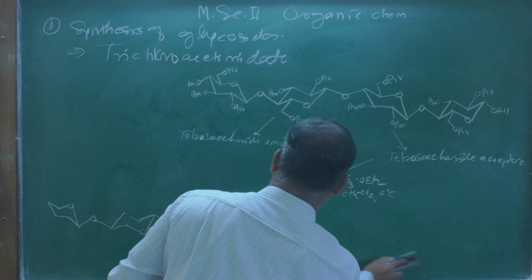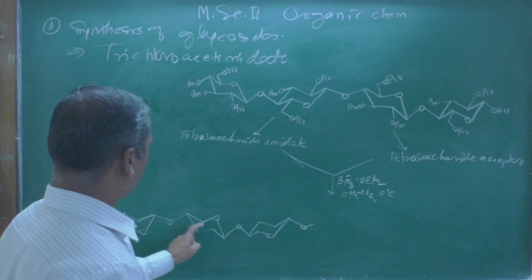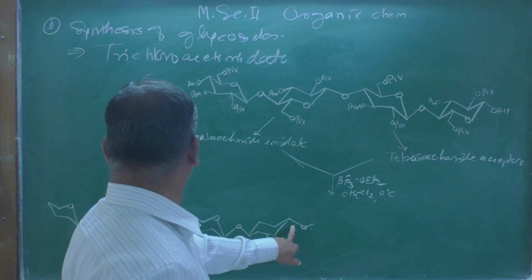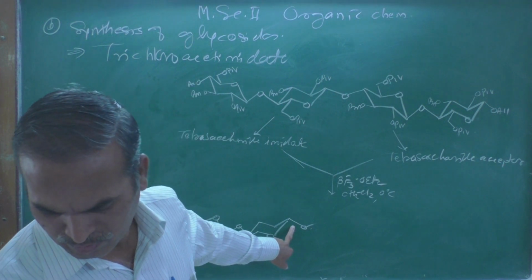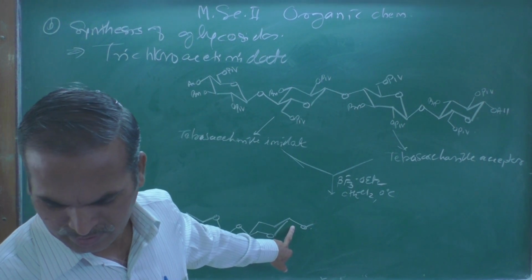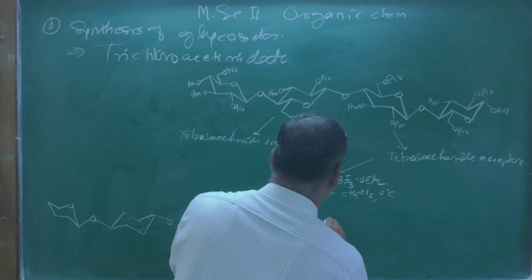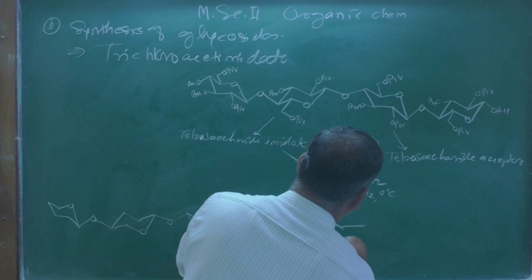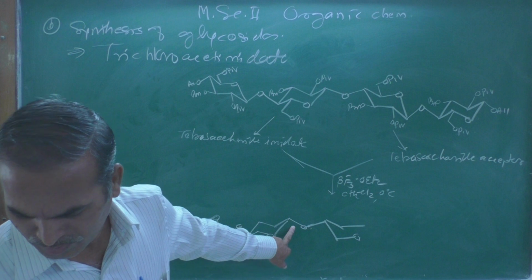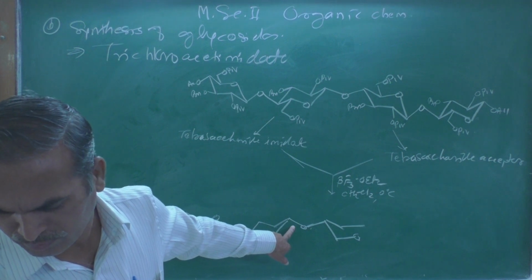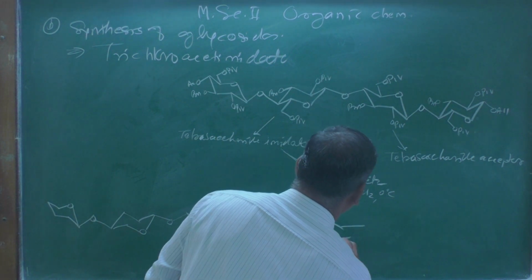So let us see here. 1 2 3 4, 1 2 3 4, they are as it is. Now then 1 2 3 4 as it is, then the above one, this becomes above 1 2 3 4. Yes, let me draw properly here.